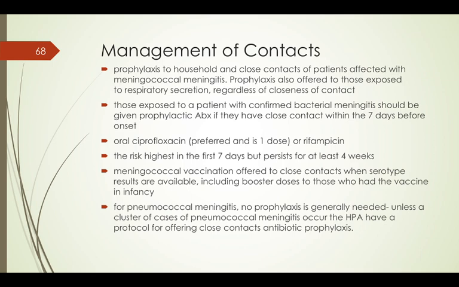The risk is highest within the first week, but can persist up to nearly a month. Meningitis vaccination can also be offered to close contacts if you test their serum for it, and you can give booster doses as well.